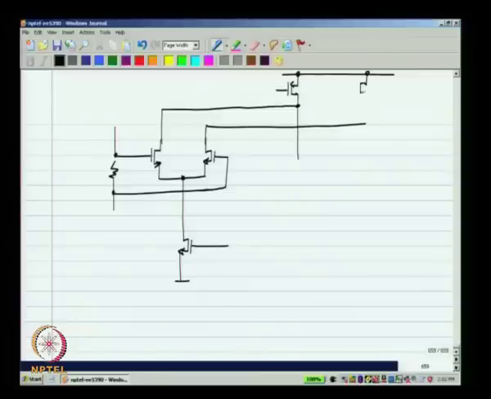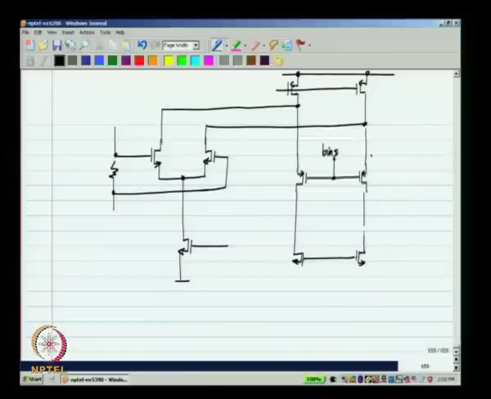And this is the folded cascode arrangement. So, what we do is we use self biasing.